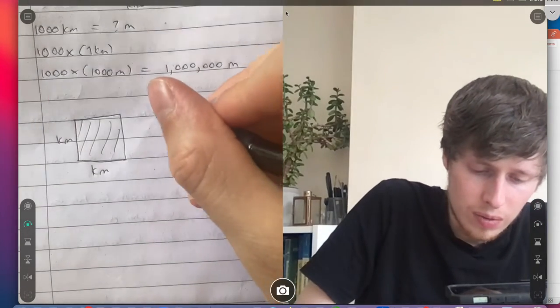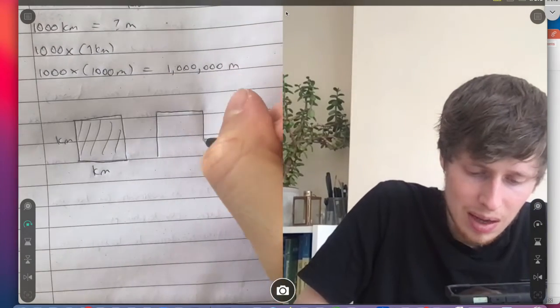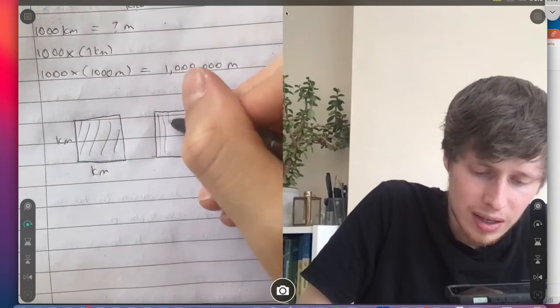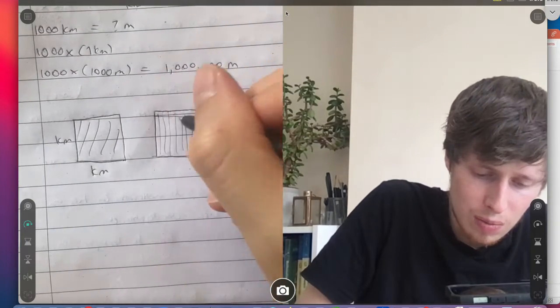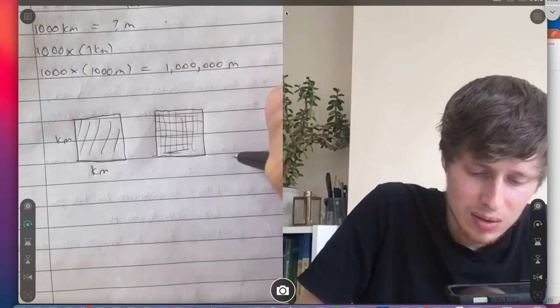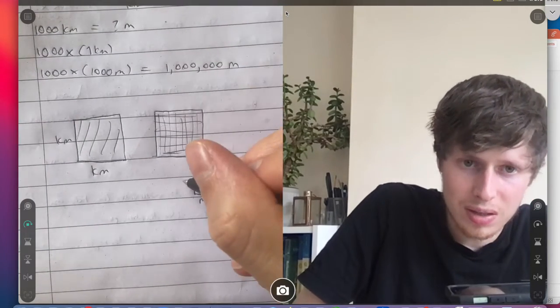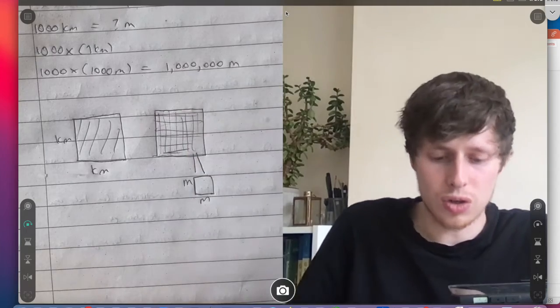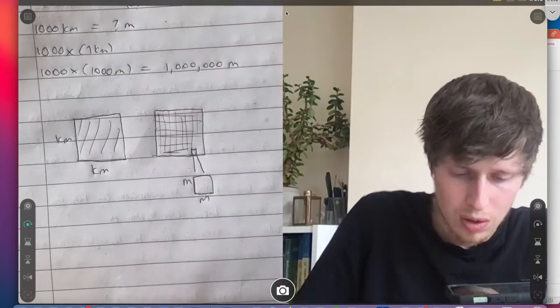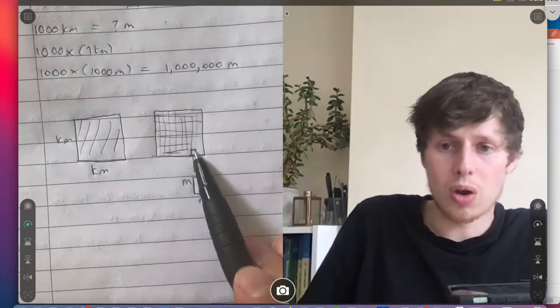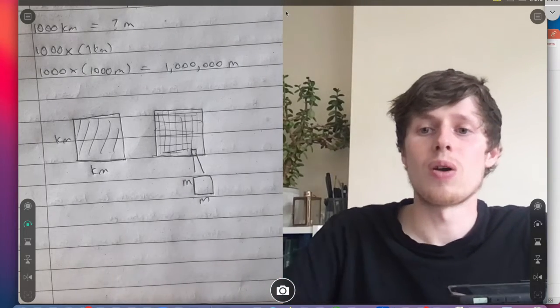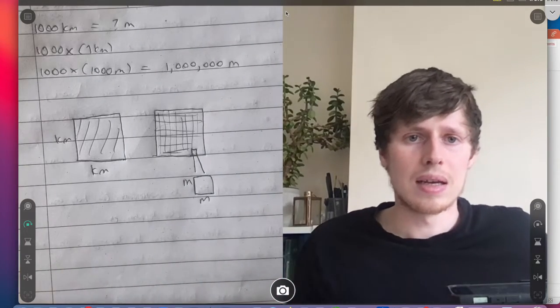If we divide that same length into meter squares, we count how many of these little meter squares fit into this original 1 kilometer square. There are going to be a lot of them fitting in.